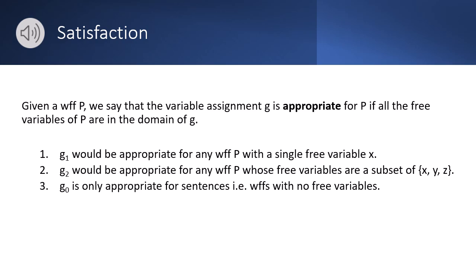So just as an example here, our assignment that we've been talking about, G1, which sends the variable X to 1, would be appropriate for any well-formed formula P which had just a single free variable X. G2 would be appropriate for any well-formed formula P whose free variables are any subset of X, Y, and Z. And remember, G2 sends X to 1, Y to 2, and Z to 3.